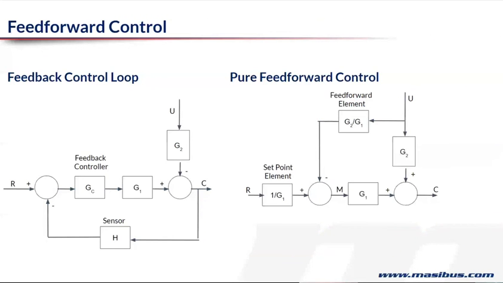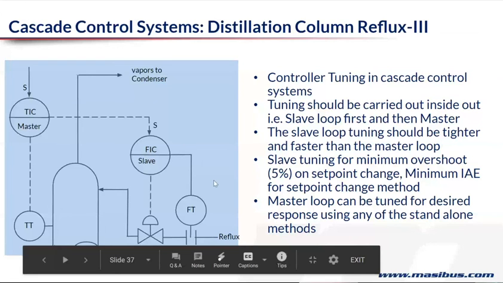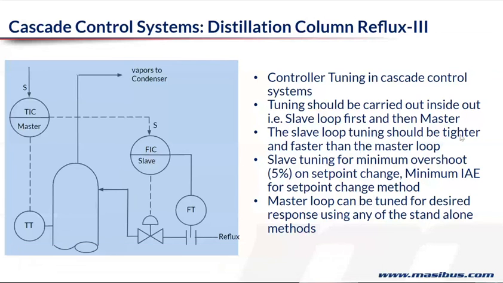Okay, so the next one, yeah, the tuning part of a cascade. The logic here is you tune it inside out. That means you tune the inside controller first and then tune the master controller. So the slave loop tuning should be tighter and faster than the master loop.